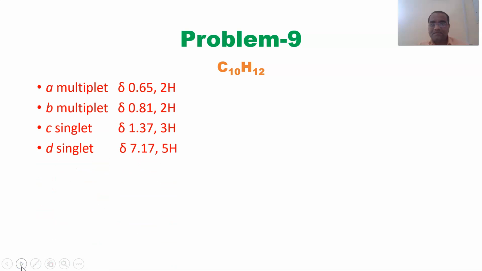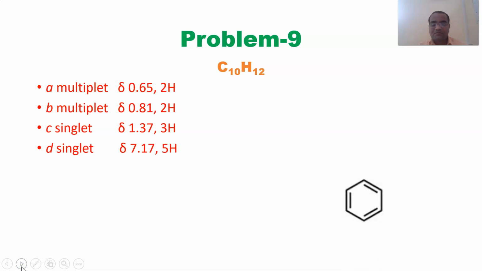Problem number 9, C10H12. First signal, that is a multiplet at delta 0.65, 2H, multiplet 0.81, 2H, singlet 1.37, 3H, singlet 7.17, 5H.